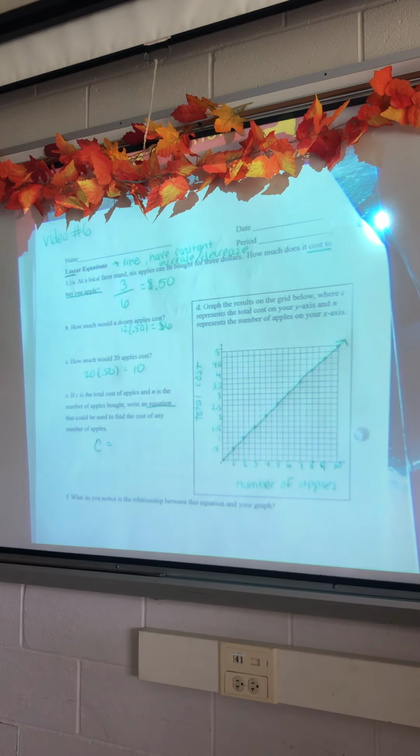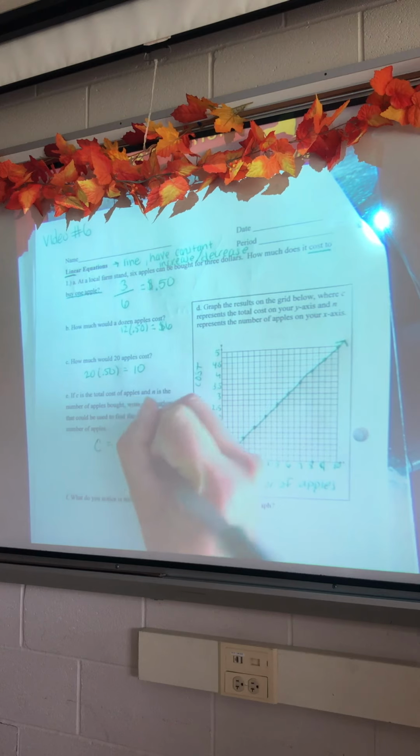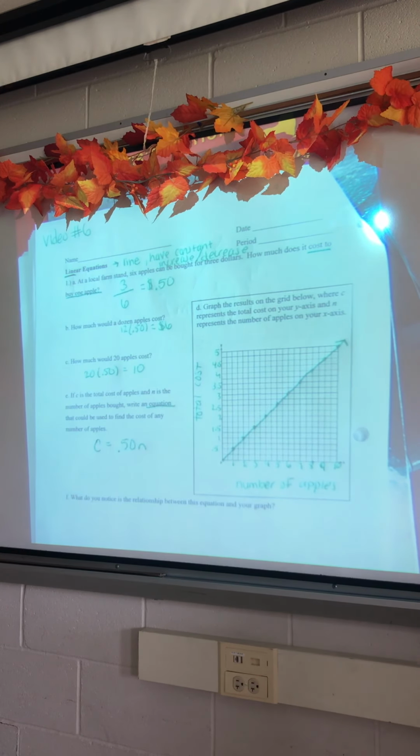We said it was 50 cents for each apple. So your equation would be C, which is the total cost, equals 0.50, and then N for number of apples. If you wanted to write C equals 0.5N, that would be fine as well. You can put the 0 on after the 5 or not. They are the same equation.